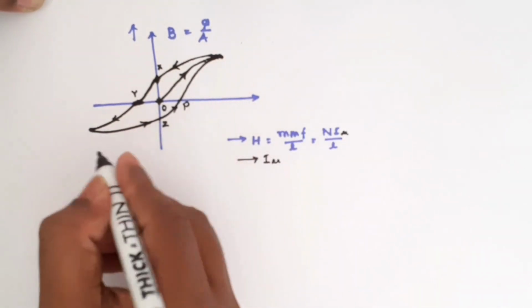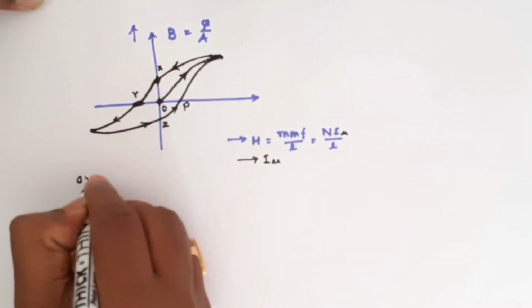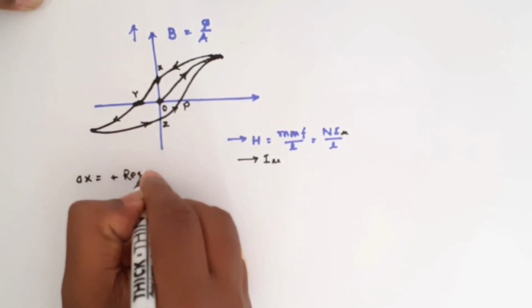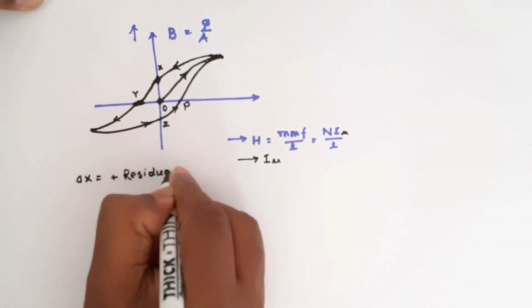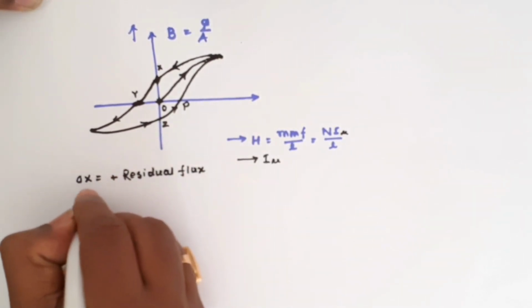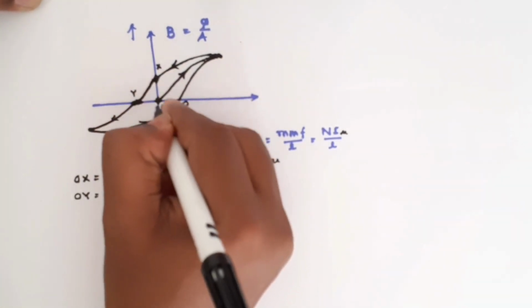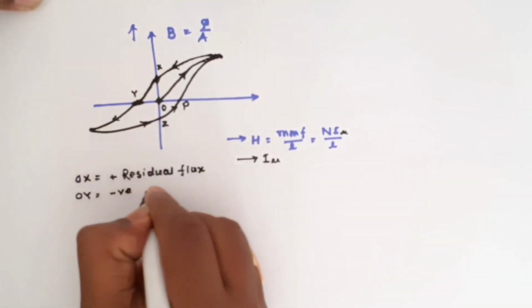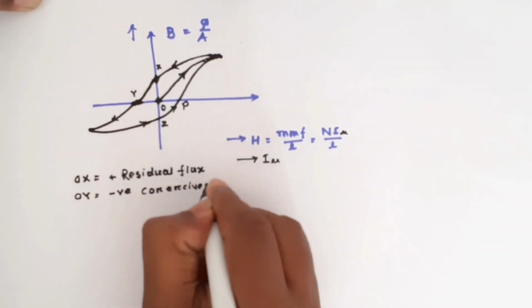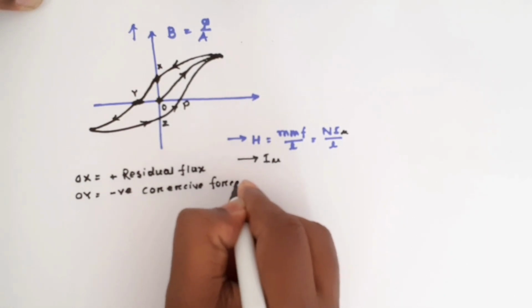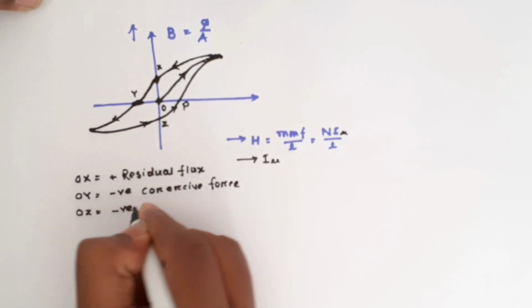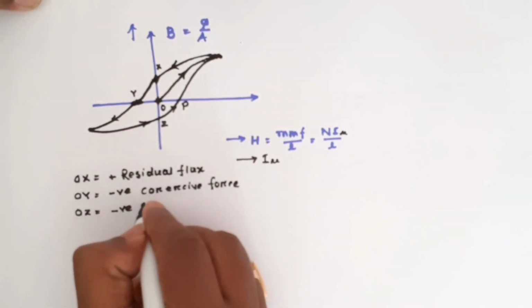Suppose this is P. Here OX is the positive residual flux, OY is the negative coercive force, OZ is the negative residual flux.